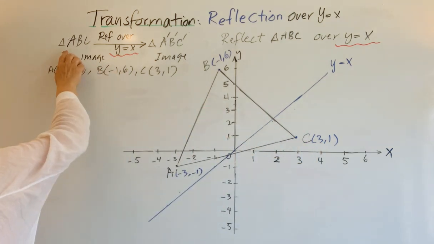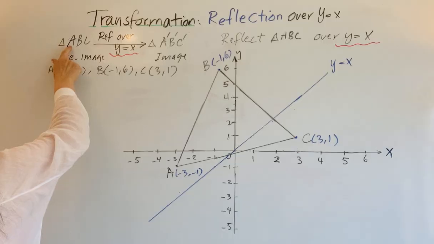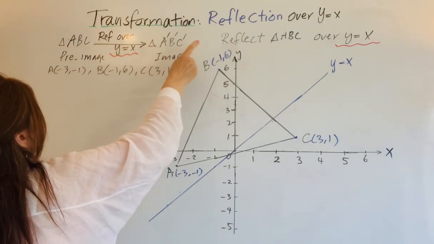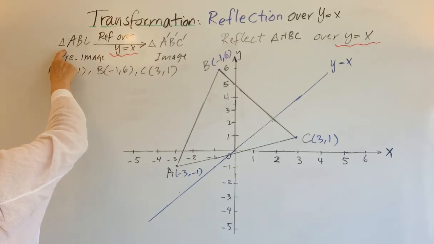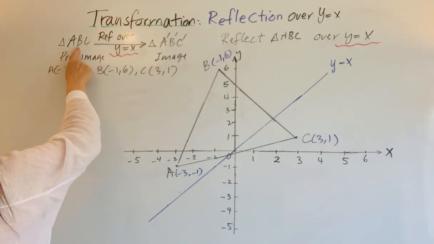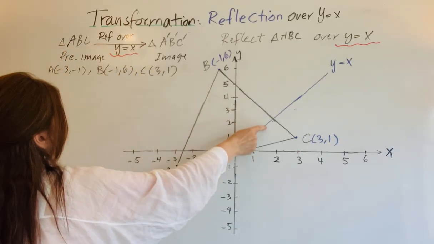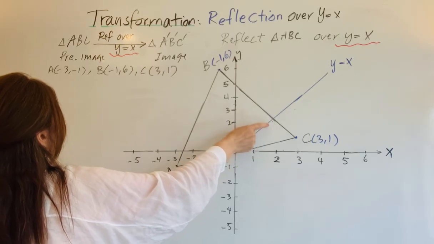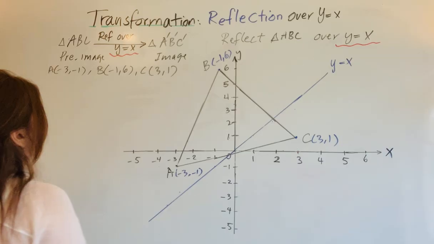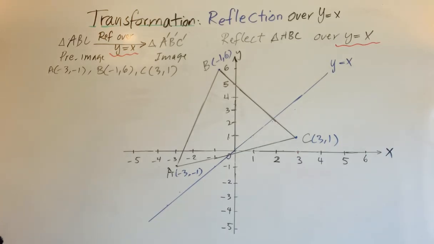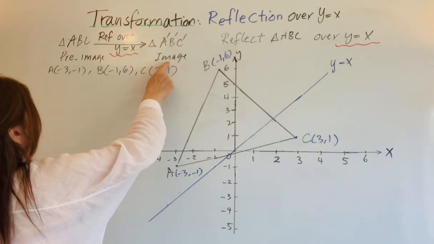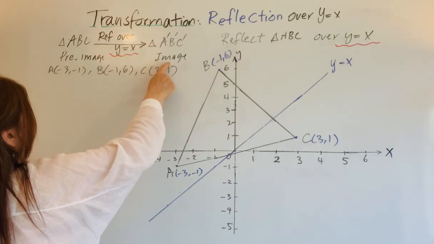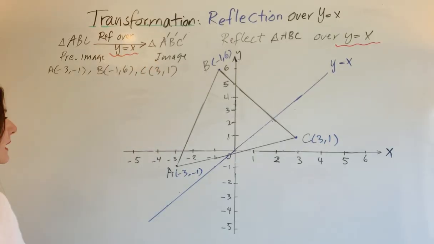We want to reflect this triangle ABC over this line, y equals x, and we get this triangle A prime, B prime, C prime as an image. This one is the pre-image, this is the image, and we have coordinate values too.